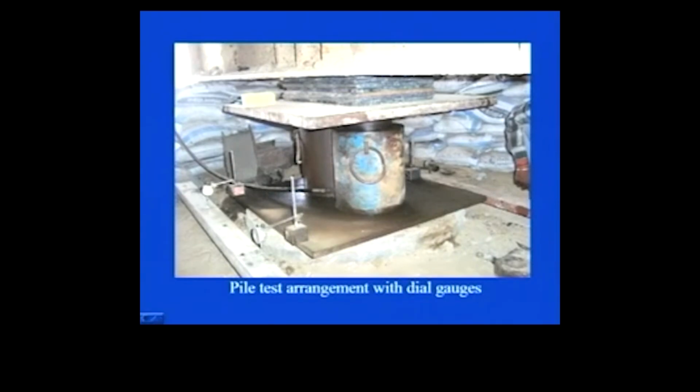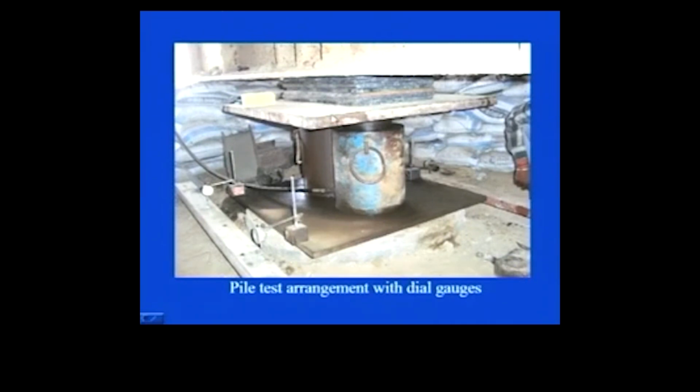This tube is used for transferring or mobilizing the load from the top to this pile cap. This plate has been placed just on top of this pile cap, so that when the load comes from the top, it gets uniformly distributed on that pile cap.